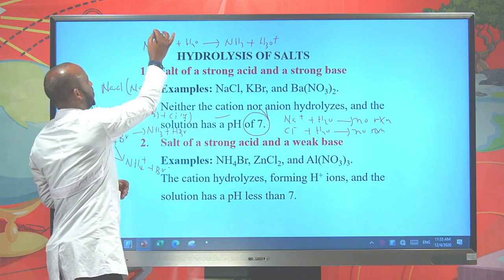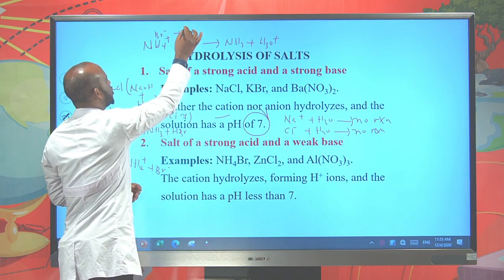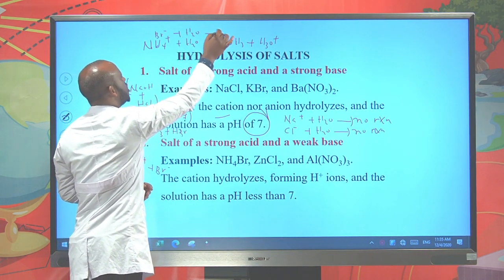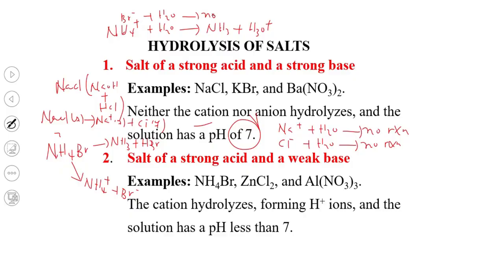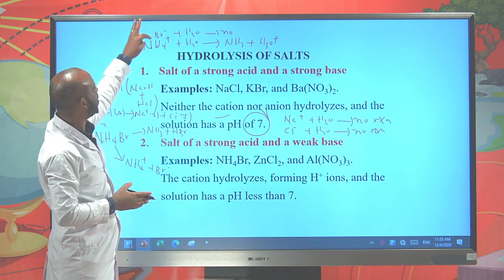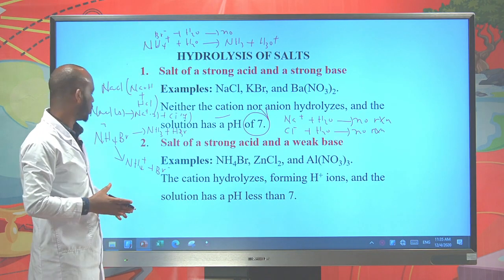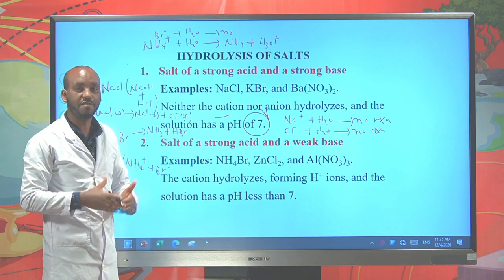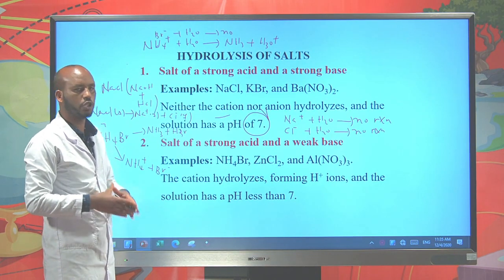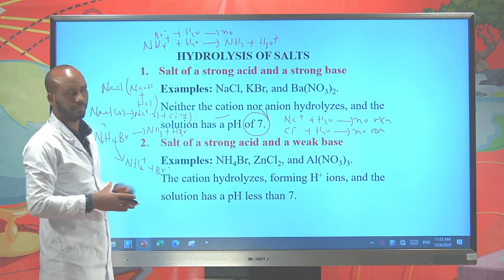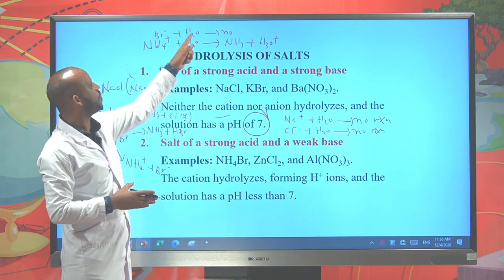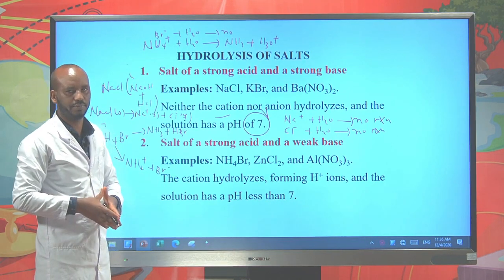Br- plus water: no reaction, because Br- has no affinity for H+. It is the conjugate base of a strong acid, hydrobromic acid. If an acid is strong, its conjugate base is weak, with no tendency to accept a proton from water.